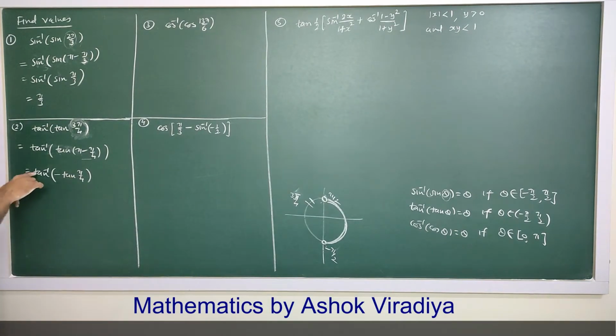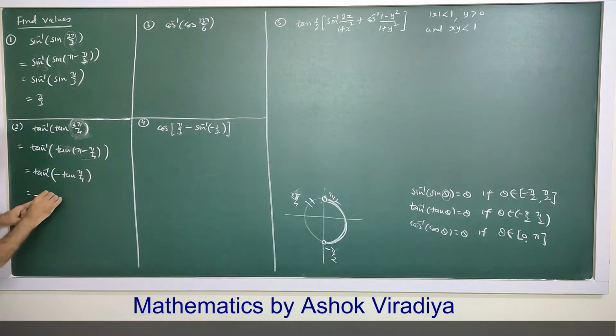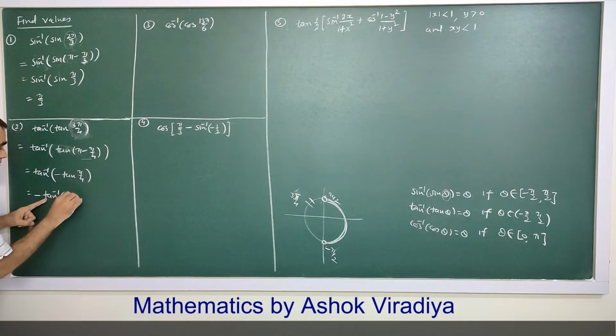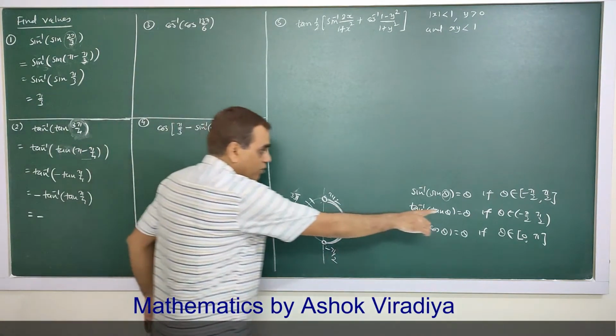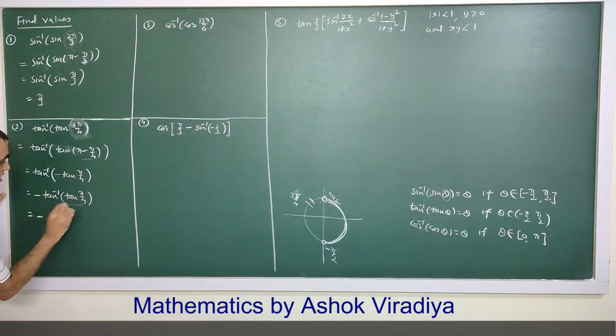Now tan inverse of minus x is minus tan inverse x. And now look at this new number. It belongs to the domain of tan. So its value is pi by 4, so minus of pi by 4 is the final value.